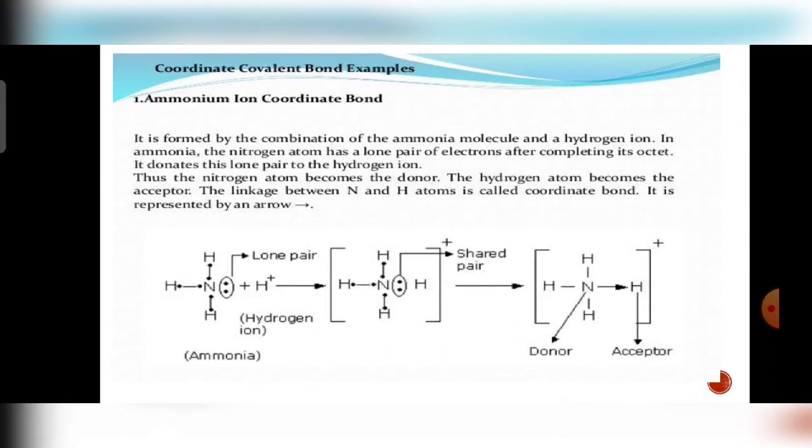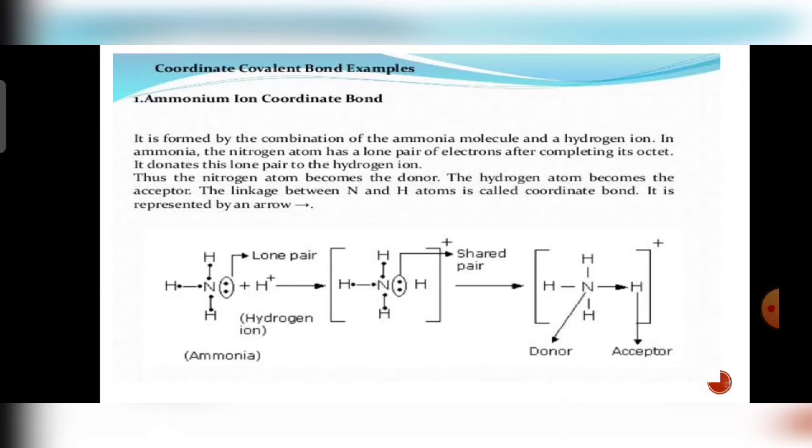When an atom with a deficiency of electrons approaches ammonia, or any atom which has a lone pair of electrons, it will donate the electrons to the electron deficient element, and in this way they form a coordinate covalent bond and a stable compound.